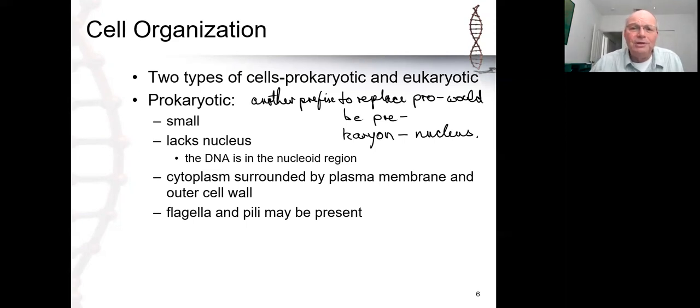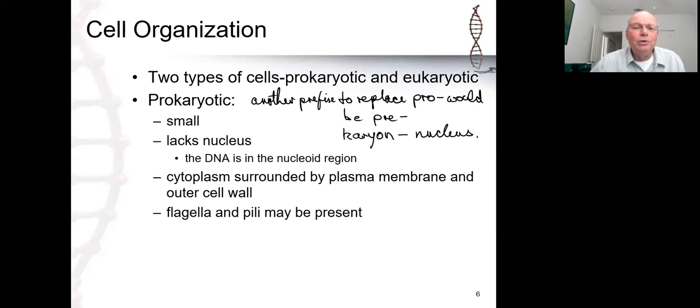There are no ribosomes in here. There are no other obvious features that we can detect in the nucleoid region other than the presence of the DNA. So this seems to be a section of the cytoplasm that is set aside for the DNA, but it's not surrounded by a membrane. So it's not separated from the rest of the cytoplasm.